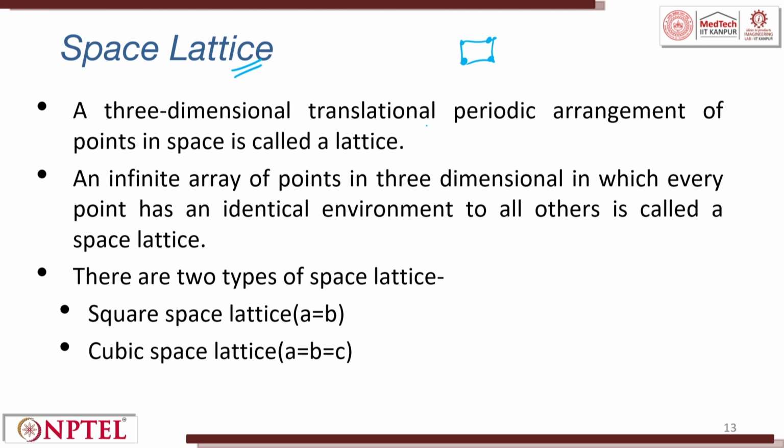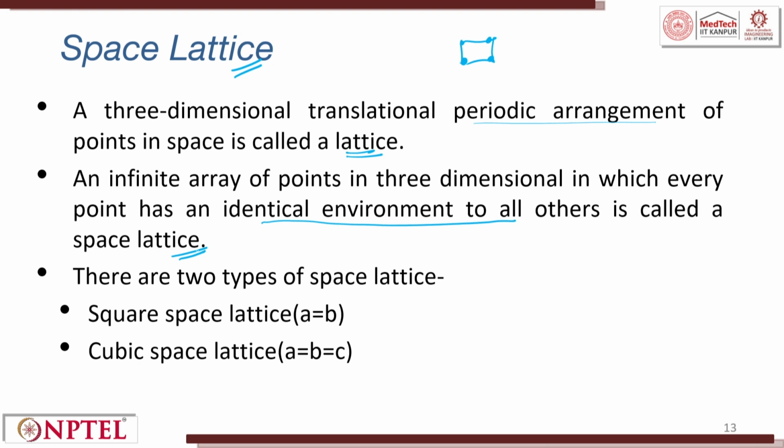A three-dimensional translational periodic arrangement of points in space is called lattice. An infinite array of points in three-dimensional in which every point has an identical environment to all others is called as spatial lattice.